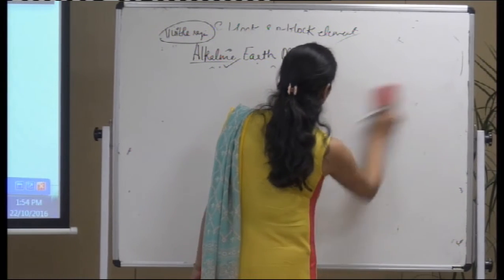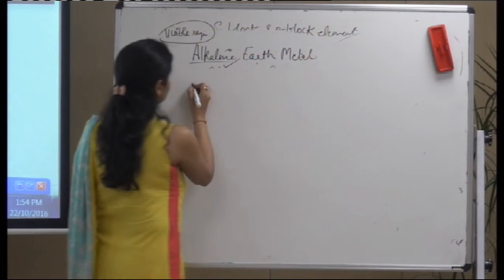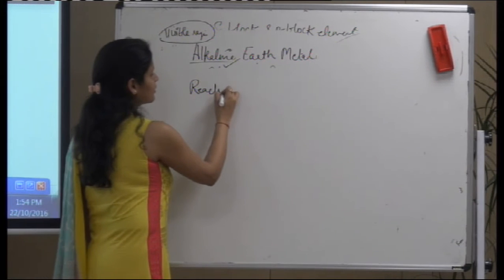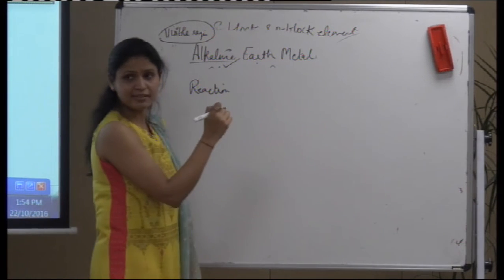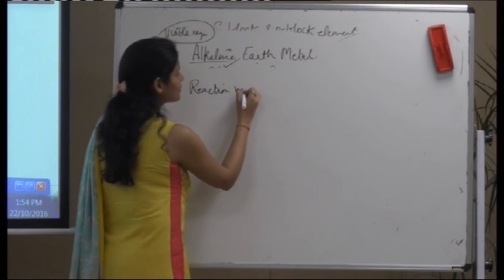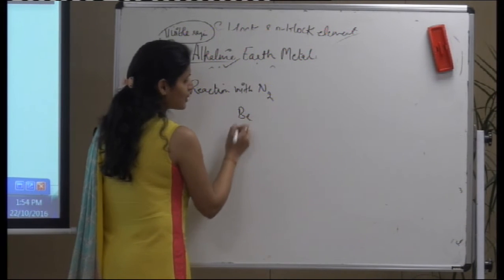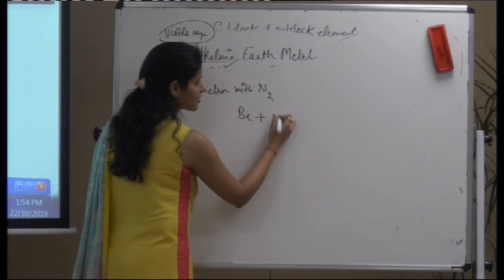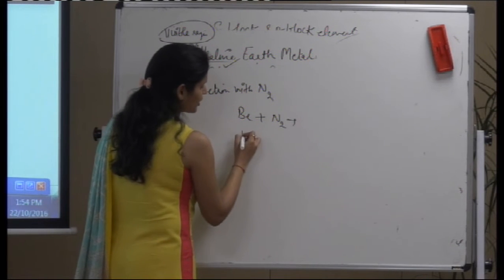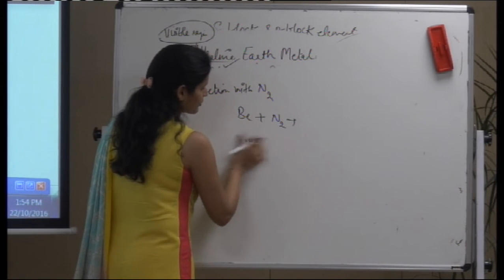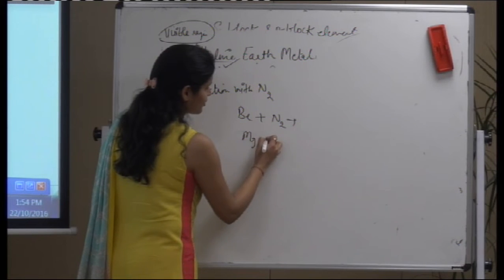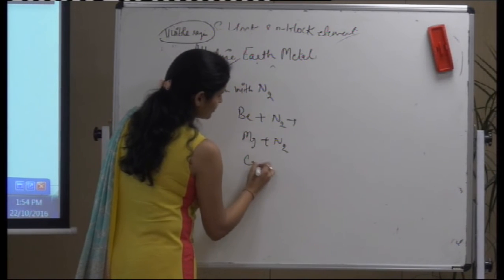Next property: reaction with nitrogen. Earlier we did this with alkali metals, right? So reaction with nitrogen: beryllium plus nitrogen, what would be the product? Magnesium and calcium too.